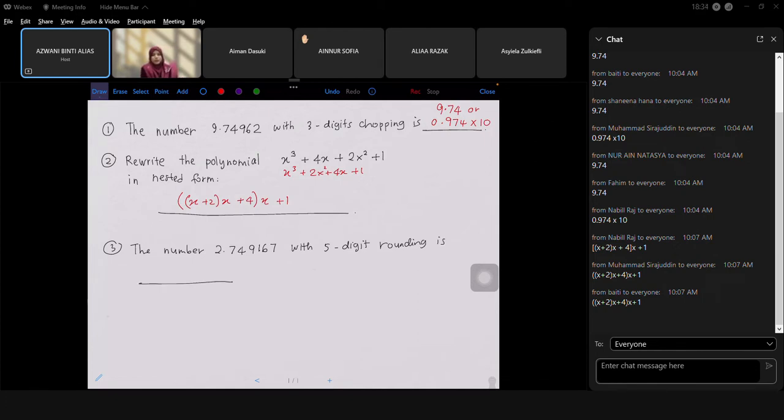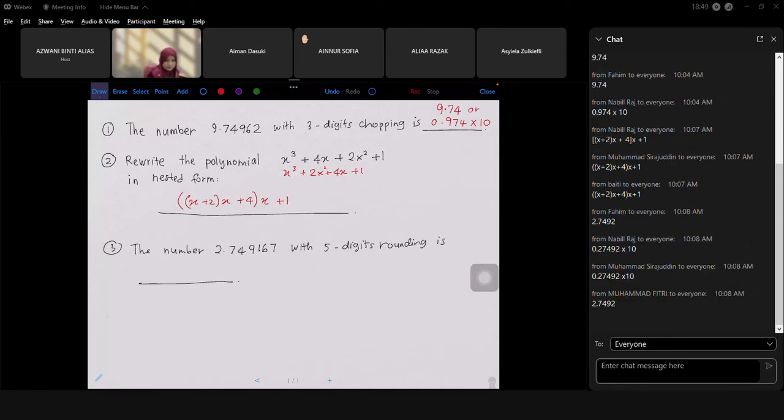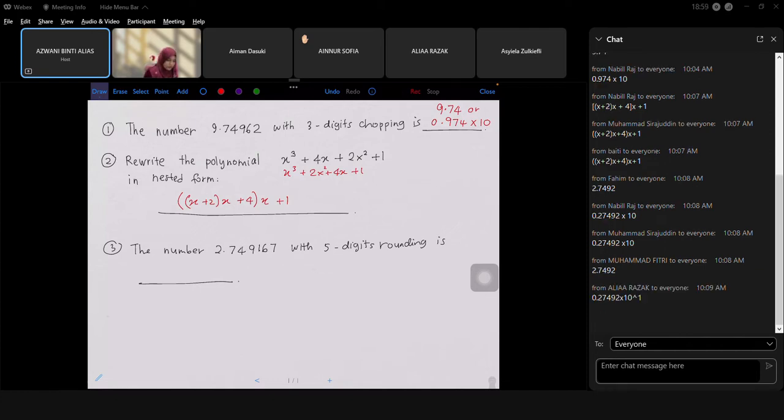The number 2.749167 with 5-digit rounding. 5 digits. Okay, great. Okay, everyone is correct. So, 5-digit rounding.